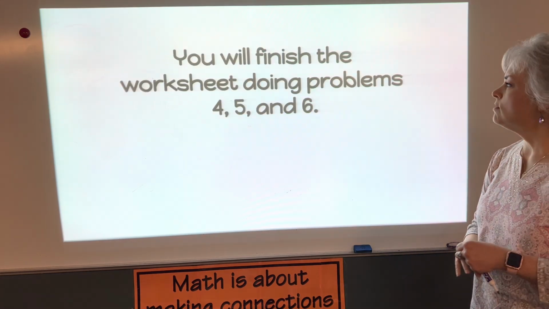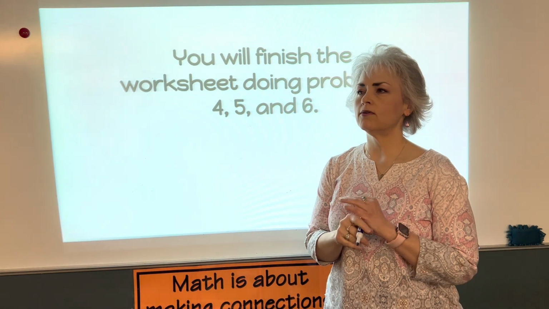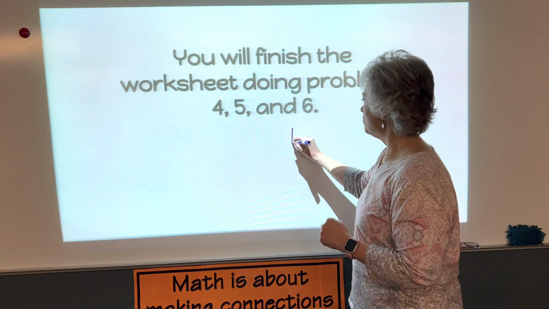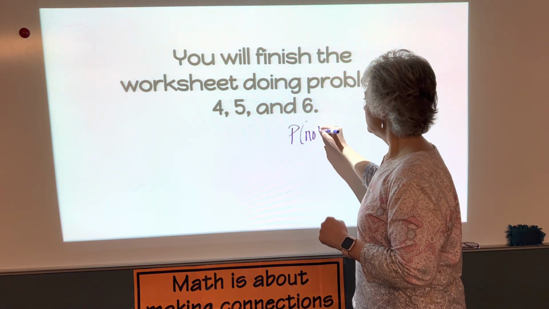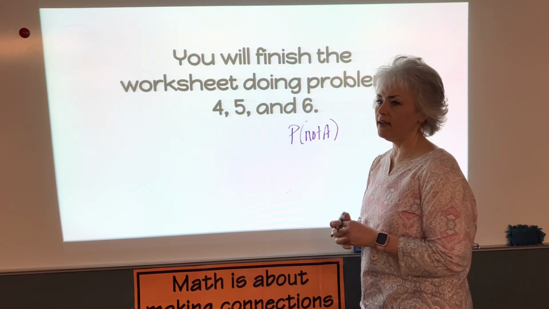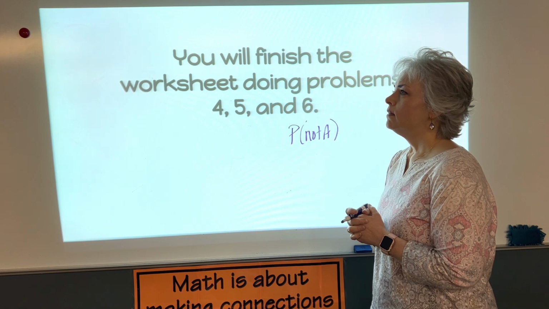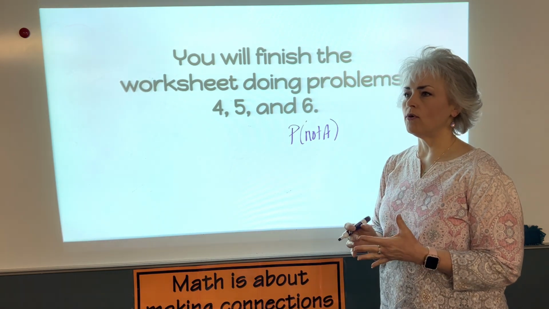Okay, so before I end the video, real quick, I want to go back to that complement. So the probability of it not being an event. So again, you subtract that from the whole.